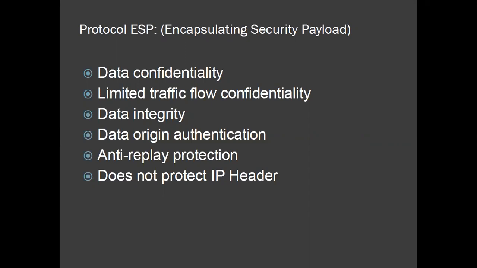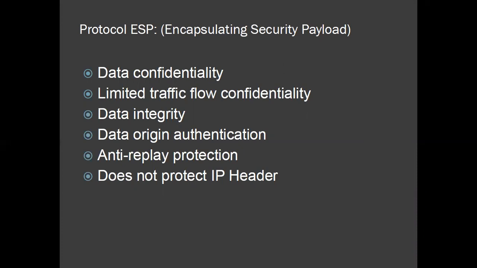So the services provided by the Encapsulating Security Payload Protocol are data confidentiality, limited traffic flow confidentiality, data integrity, data origin authentication, and anti-replay protection, but it does not protect the IP header.